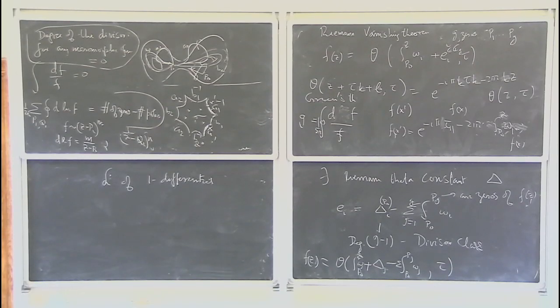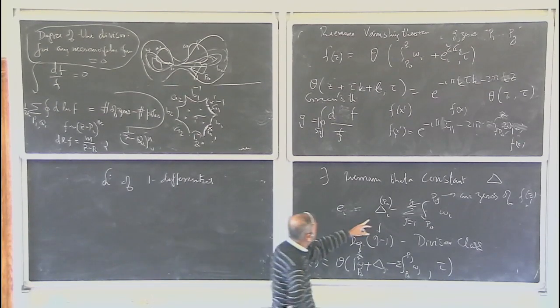Essentially, delta is a kind of primitive integral of the sum, because if you move p naught to a q naught, they compensate for the shift of p naught. E i depends on the pj, but delta does not depend on the pj.